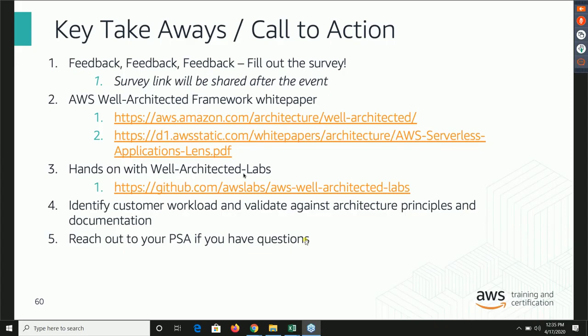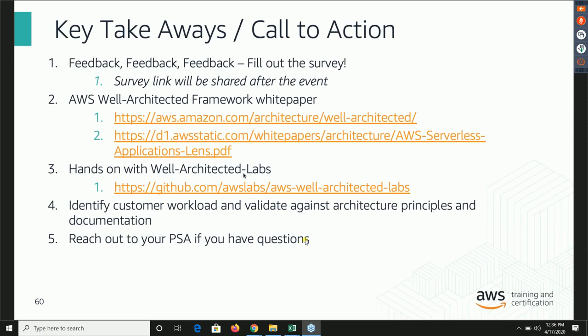In terms of reference material, our talk today was based on the well-architected framework, and the white papers for that are available on the URLs here. And of course, the serverless lens, which was released a few months back, talks about how to apply these principles to serverless applications. That's what I based my part of the talk today on.